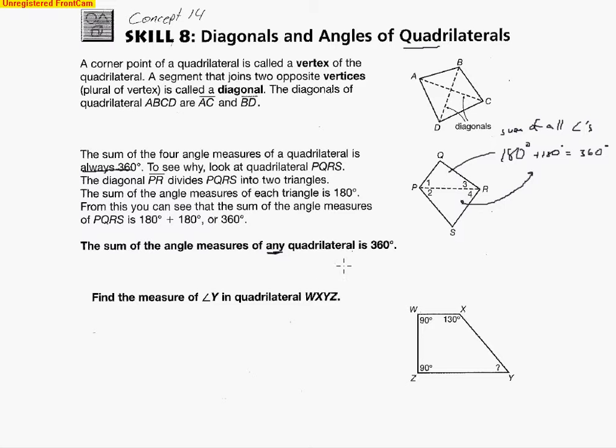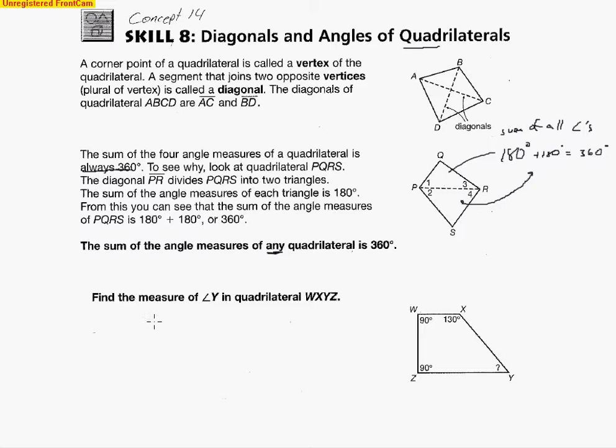Using that as a given, we're going to try to find these missing angles. Notice what we've got. We're trying to find angle Y, but we've got these other three angles. Just as we did with the triangle, where we added up the two angles and subtracted that sum from 180, we're going to do the same thing, except now we've got a quadrilateral.